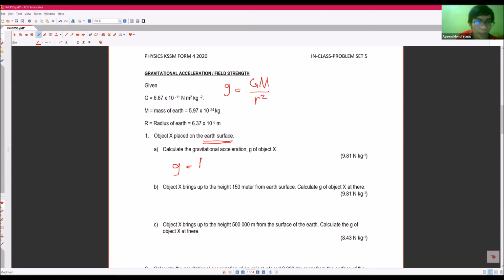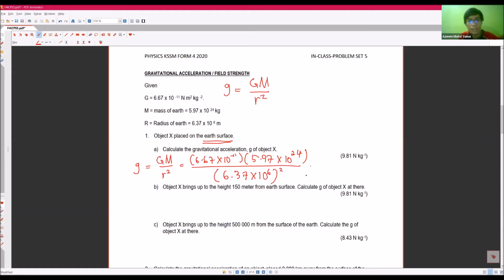So, we write the formula. g equals big G, big M, over r squared. 6.67 times 10 to the negative 11. Big M is 5.97 times 10 to the power of 24. r squared, r is the radius of the Earth, 6.37 times 10 to the power of 6, squared.